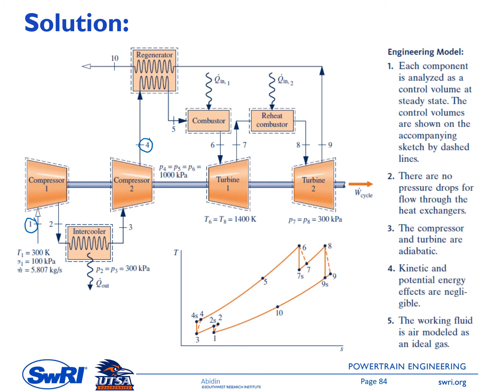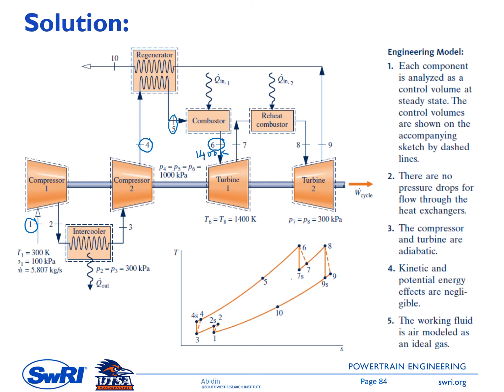Then at the exit of the regenerator from the cold stream side is state number 5, and at the exit of the combustor before it enters turbine 1, the state is number 6. I believe T6 is given here, 1400 Kelvin.